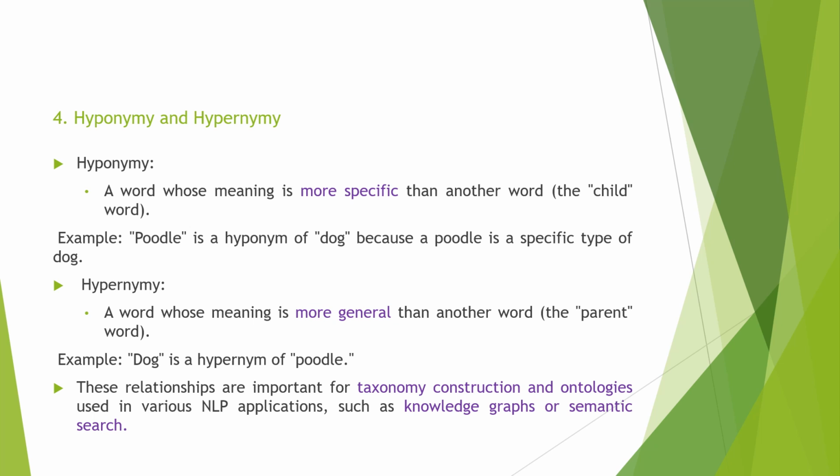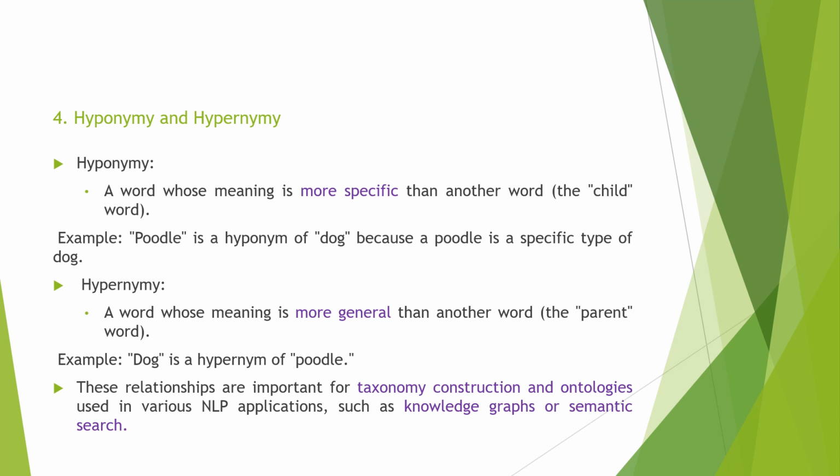And the next problem is the hyponymy problem, in which a word whose meaning is more specific than another word needs to be analyzed. For example, the word poodle is a hyponym of dog, because this is a specific type of dog. And then the next problem is hypernymy.